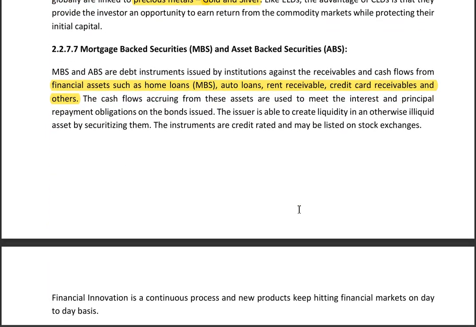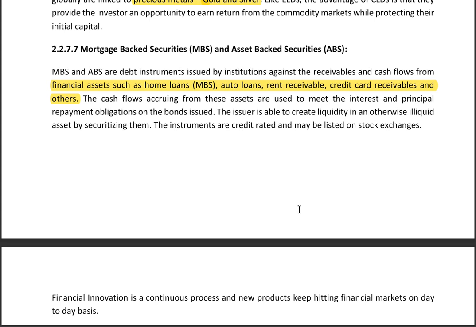Next, MBS and ABS, mortgage backed securities and asset backed securities. If you know the concept of securitization, you will know this. These are debt instruments issued by some banks, some financial institutions.